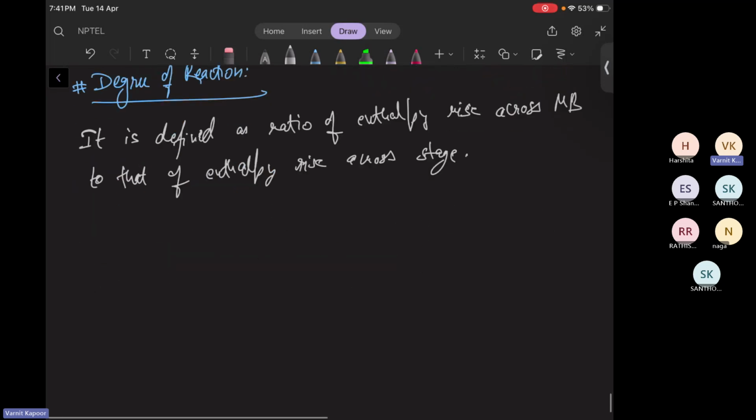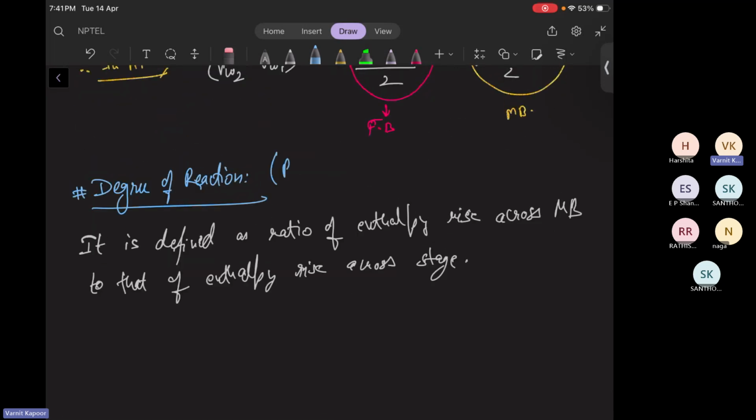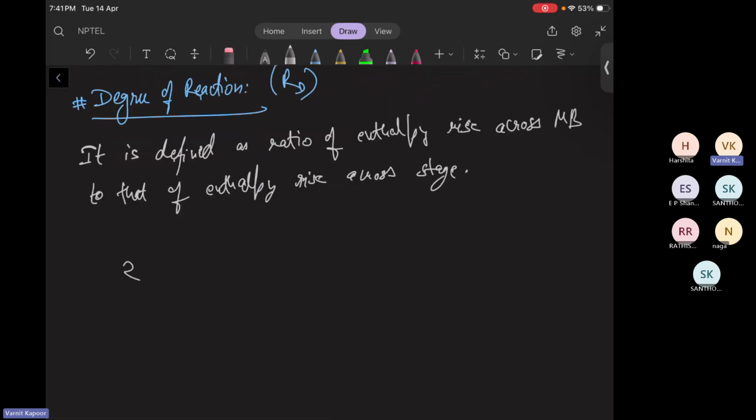So the symbol for it is RD, R subscript D. So RD is nothing but change in enthalpy across moving blade to that of change in enthalpy across the stage.